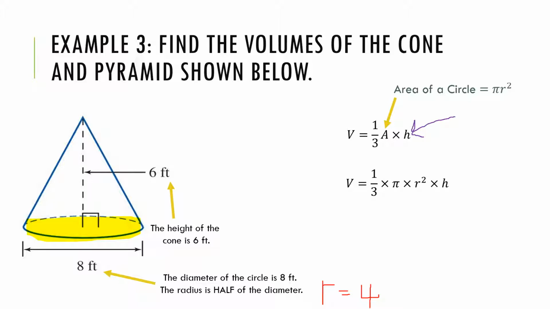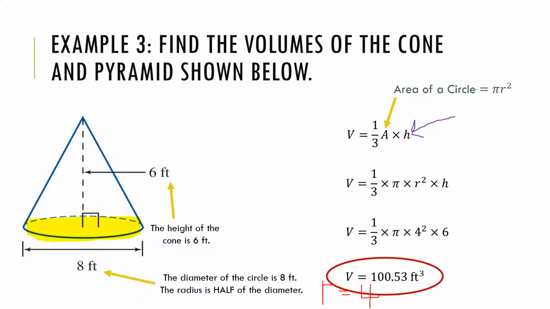Our formula for the volume of the cone is 1/3 times pi r squared times h. So plugging in 4 for r and 6 for h, you get 1/3 times pi times 4 squared times 6. Multiplying this out, you get volume equals 100.53 feet cubed. Once again, remember, volume is always in units cubed.